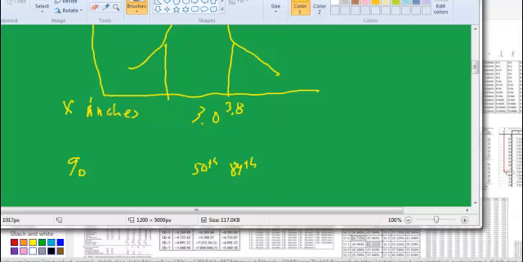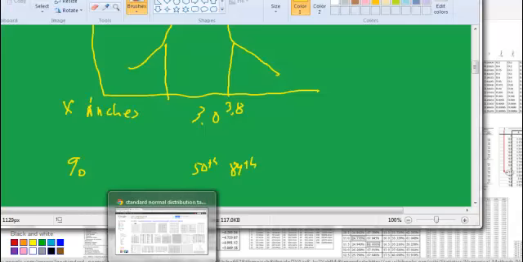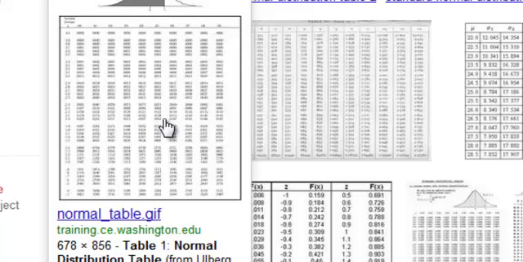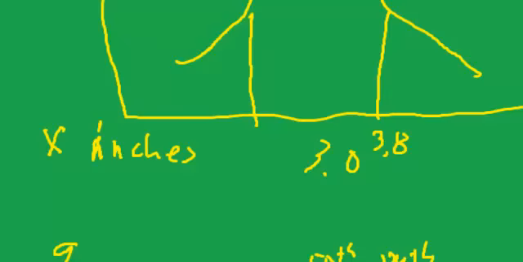The traditional way of doing that, we first converted the inches to standard deviations. We measured the standard deviations, and then we looked up in a normal distribution table, a standard normal table like this one, which allows you to convert the standard deviations to percentiles. The tradition was we had two steps.